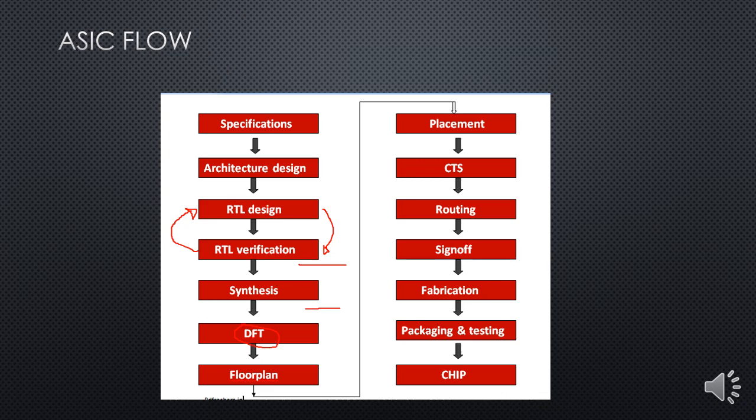Once all these steps are completed, the physical design engineer will convert whatever we have in the logical format to the physical format. The first step in the PD flow is the floor plan.